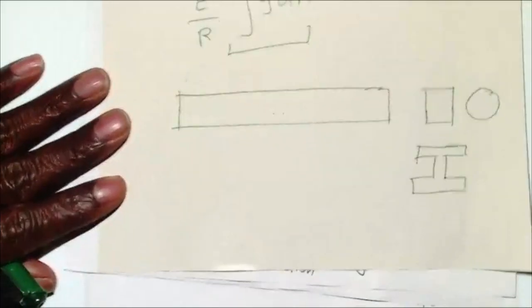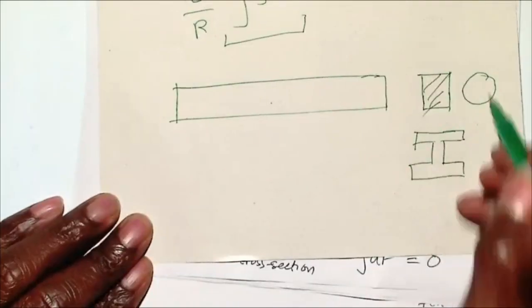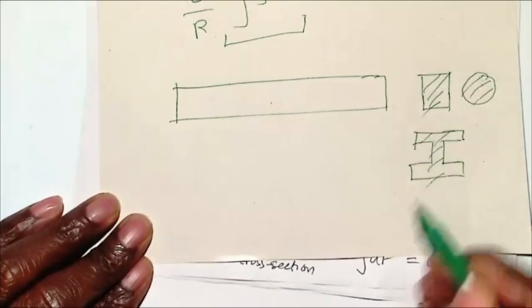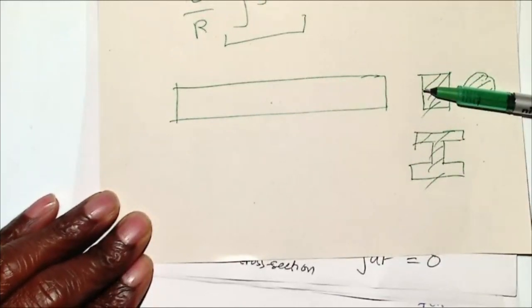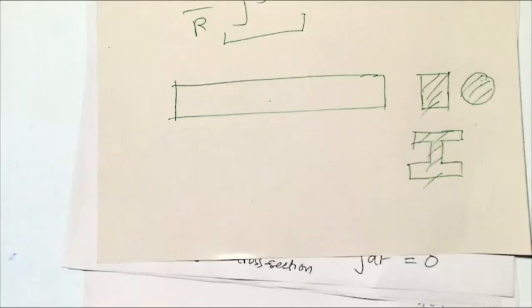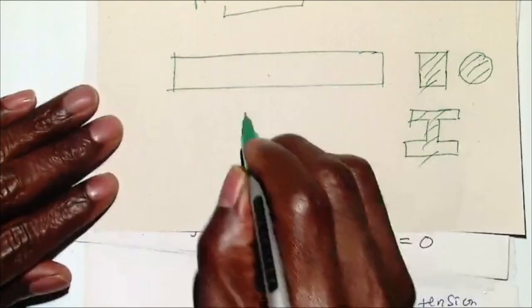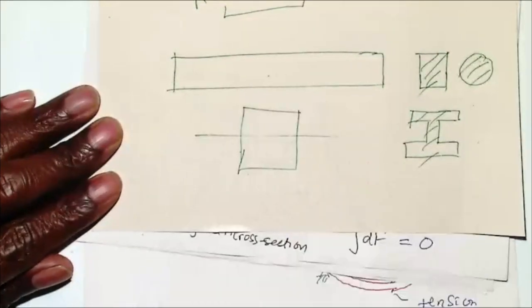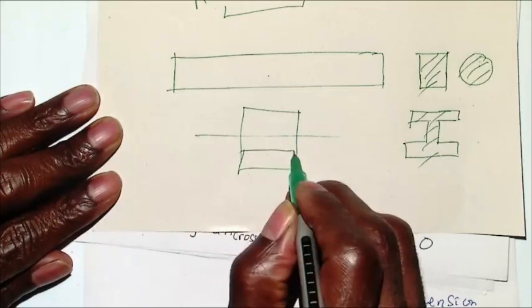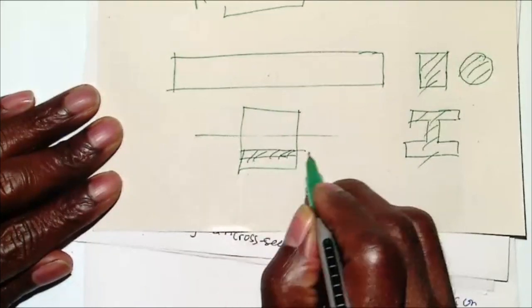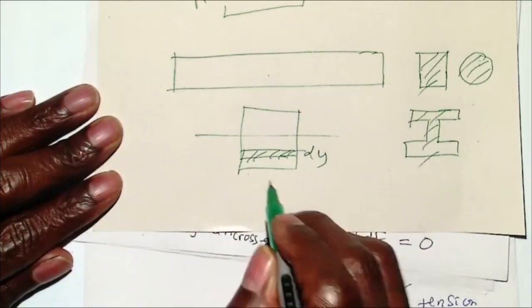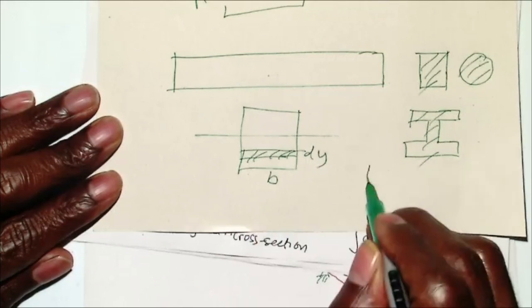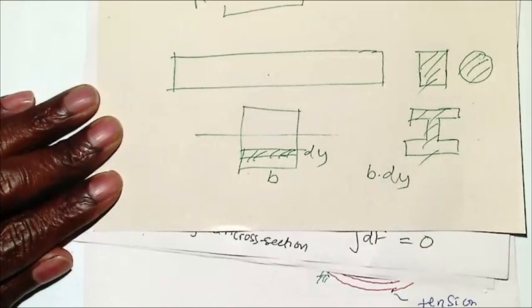So that area is the area of this, or the area of that, or the area of that, because you are looking at the load that cross section will take. And for dy, what does it mean? If I take the rectangular cross section, you have your neutral axis like that. You have a small section like that, which is your dy. So the area you are looking at will be, if this is B, B times dy. That will be our dA.